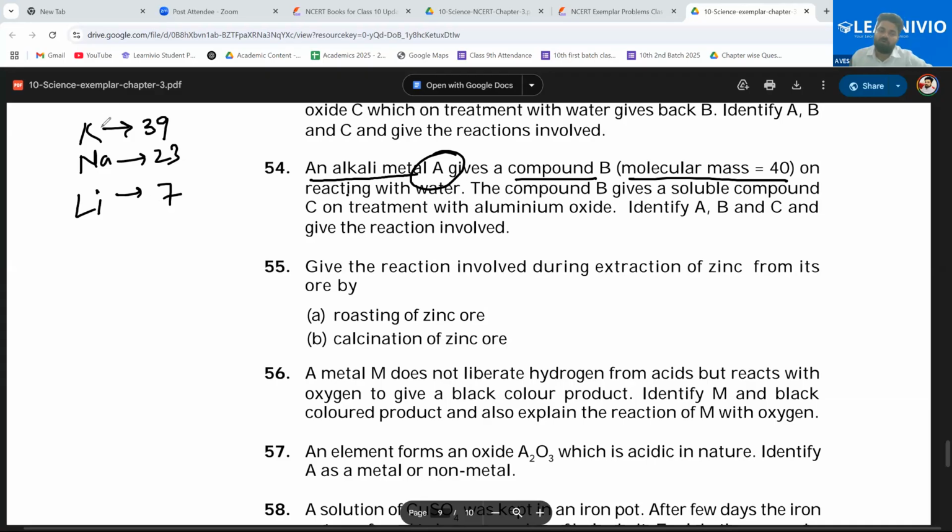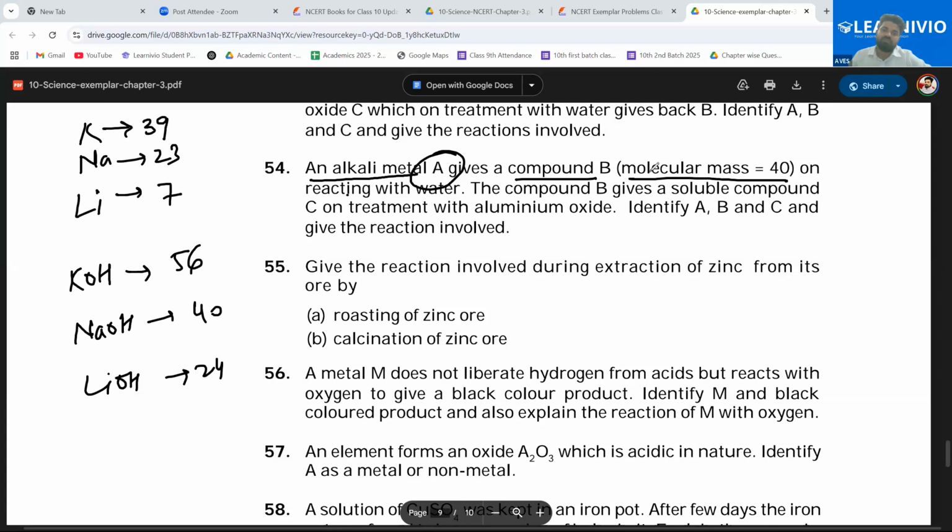On reacting with water, they all form hydroxides: potassium hydroxide, sodium hydroxide and lithium hydroxide. The mass of potassium hydroxide will be 17 plus 39, you will get 56. The mass of lithium hydroxide is 17 plus 7, 24.